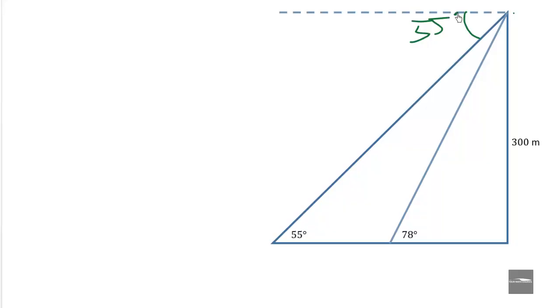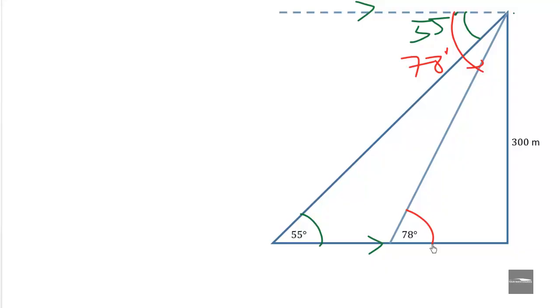That is by the alternate angles property of parallel lines. Remember, this line is parallel to this line. We have this to be 55 degrees as well. Then also the second bed, the angle of depression is this, which is 78. So that is equal to this as well.